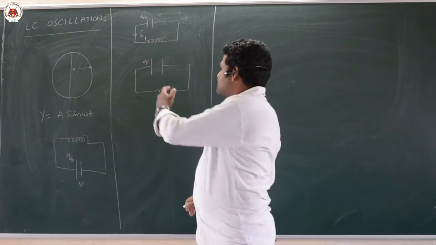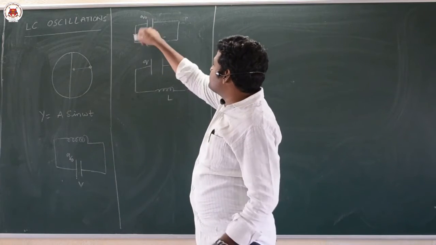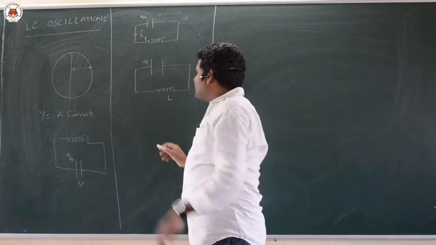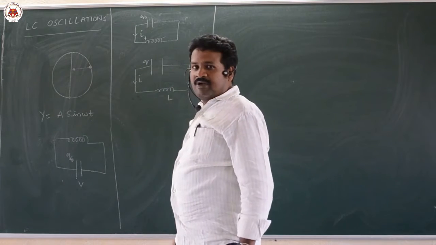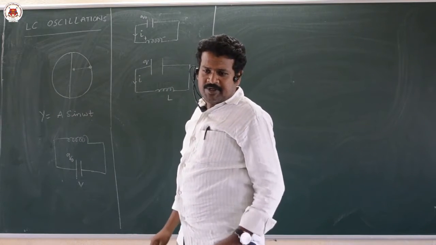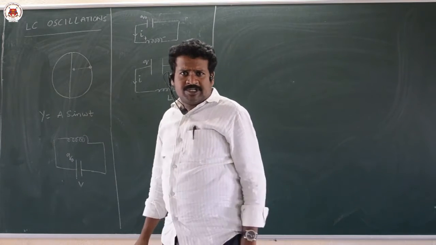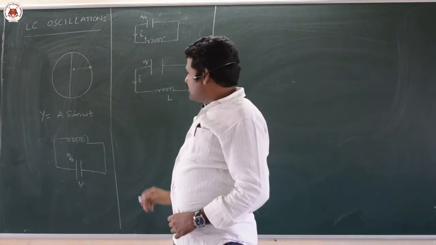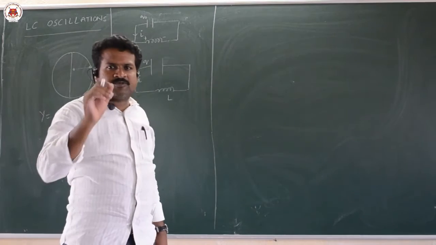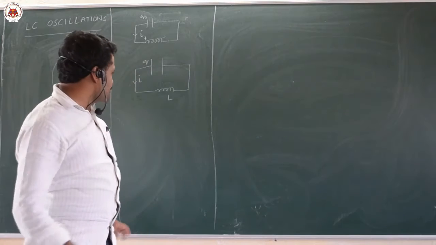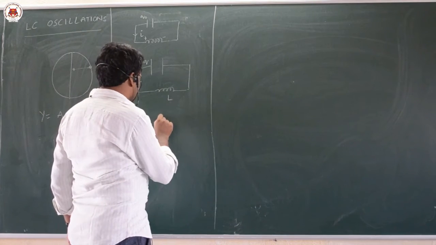Now some part of the charge has decreased to Q, which led to the flow of current, and the inductor starts opposing. Even though it is opposing, it acts like electrical inertia. The total charge present in the capacitor falls to 0.